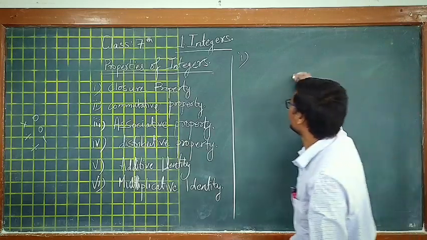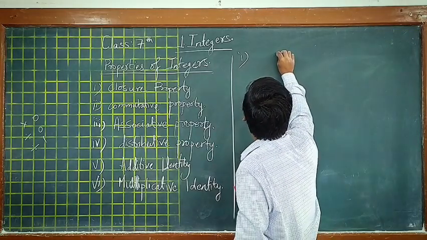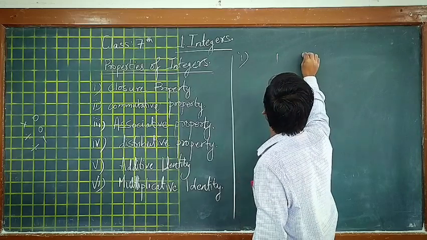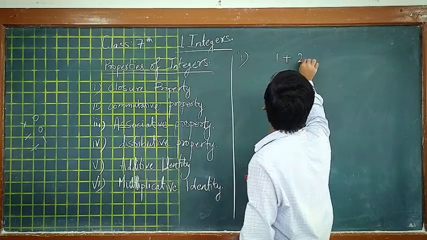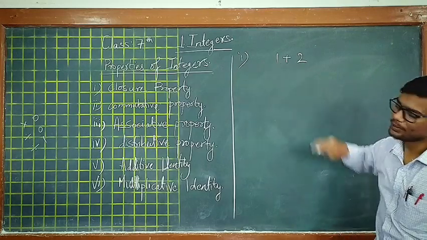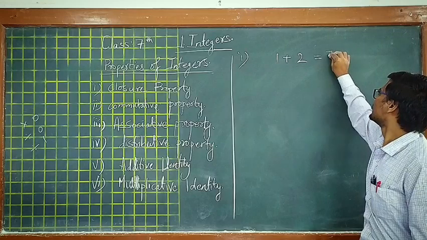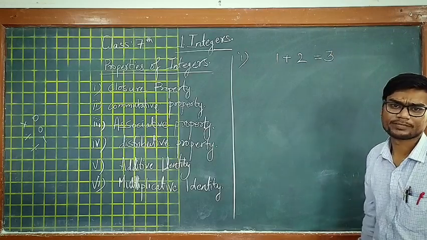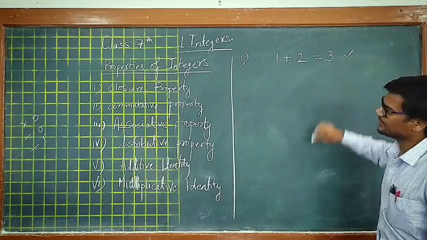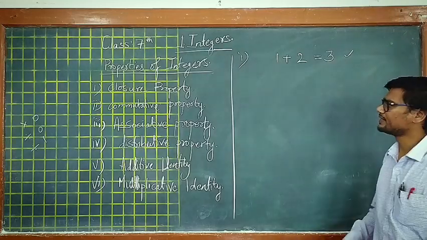So let us take two integers, 1 and 2. 1 is an integer, 2 is an integer. When we add 1 and 2, we get 3. Therefore, addition is closed for integers.